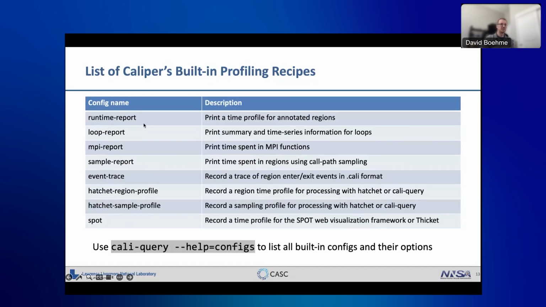You can specifically look at loops, MPI functions, sampling, tracing, and then there are various configurations for collecting profiles for Hatchet and Thicket. Caliper provides a little query program called cali-query. This can list all the configurations that there are with the --help option.